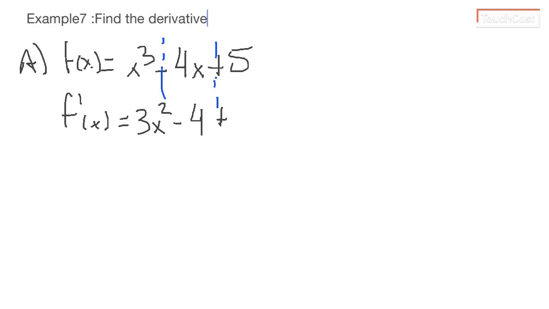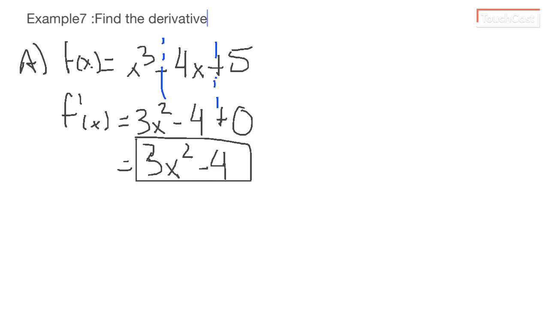Well, the derivative of a constant is 0. So let's clean this up a little bit. Our derivative is just going to be 3x squared minus 4, because if we added the 0 to it, it's just going to be 0. And we've actually finished finding the derivative of x cubed minus 4x plus 5.